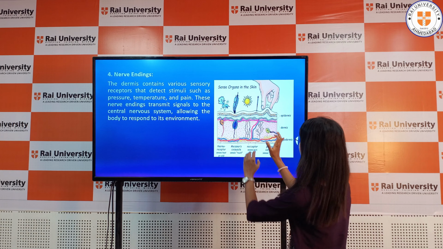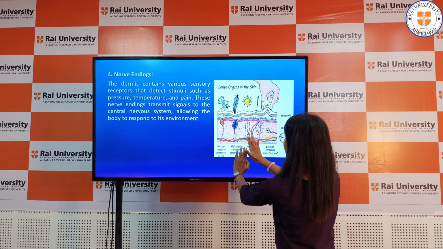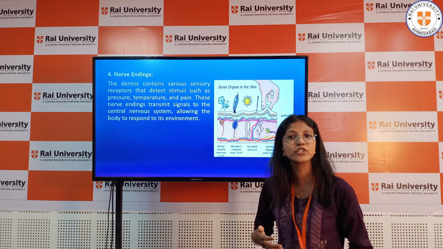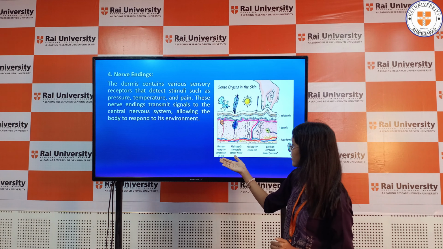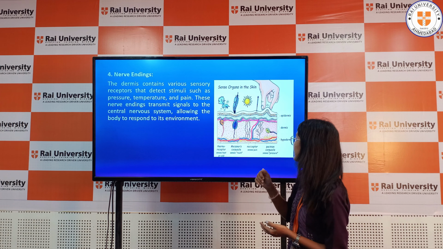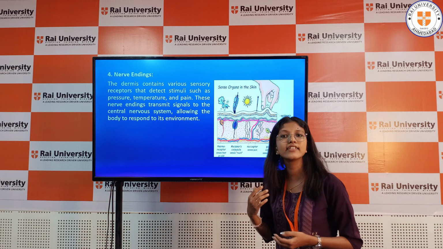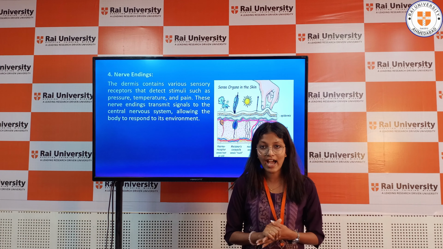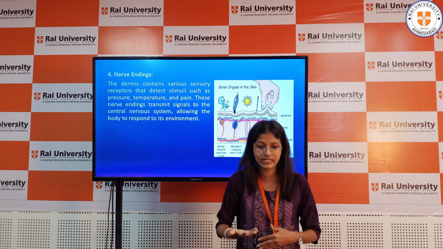In this dermis area, we can see different types of receptors. We have thermoreceptors, Meissner's corpuscles, nociceptors, and Pacinian corpuscles, and all these nerve endings have different functions.